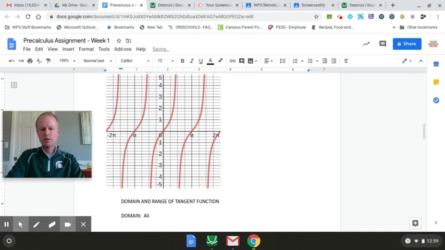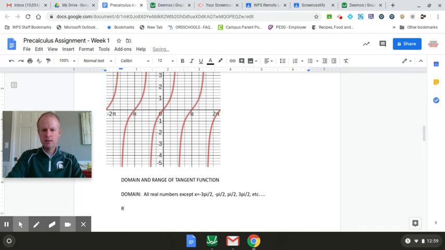I'm just going to say all real numbers except x equals, and then we'll say negative 3 pi over 2, negative pi over 2, pi over 2, 3 pi over 2, etc. Now, this definitely is not the technical interval notation that we're used to, and you could try to write it that way as well. But we're going to keep things somewhat simple because of our remote learning.